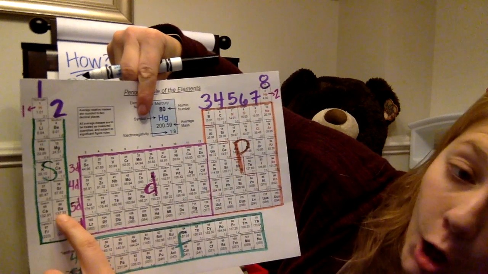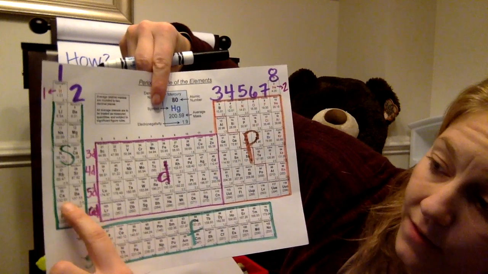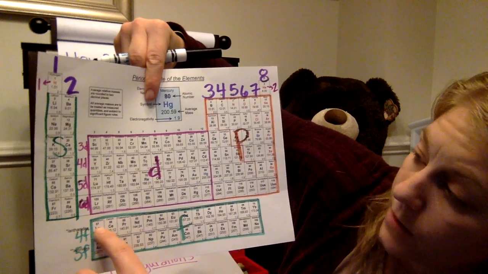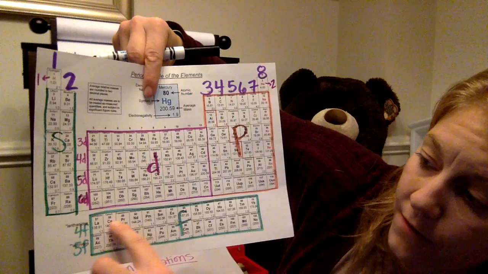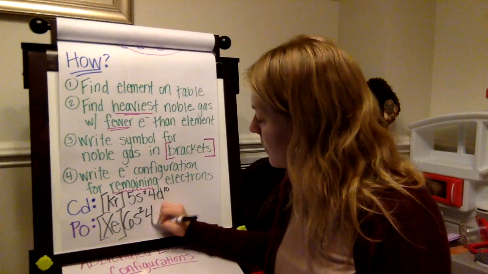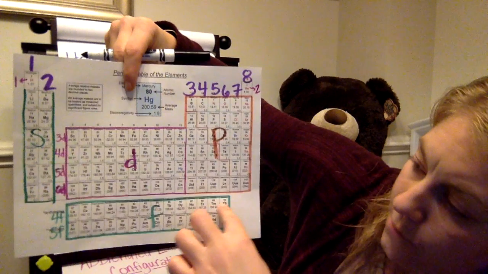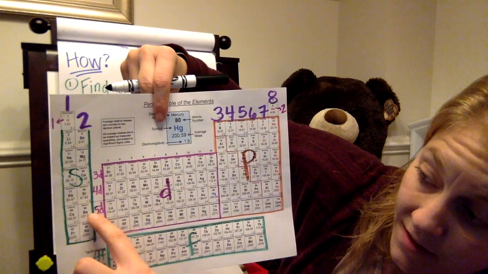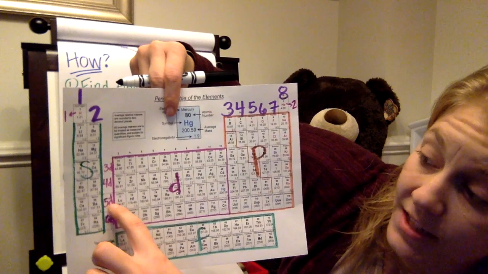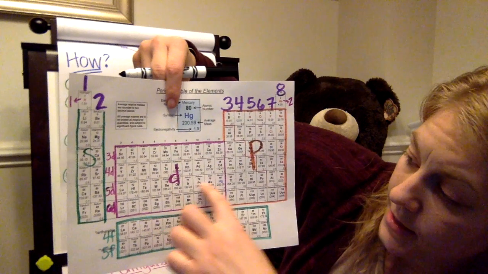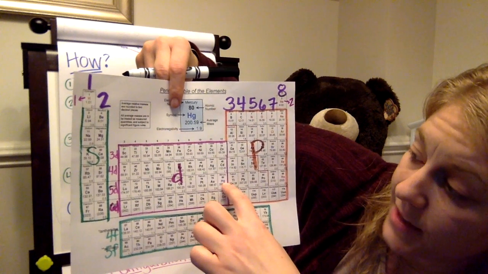Then we're going to fall down 2 places. So even though this is 6s, we fall down here to 4f, and there's 14 here. So 4f14. Now we're back up here. Again, even though this is energy level 6, our D block drops down 1, so this is 5d10. That takes us to mercury.